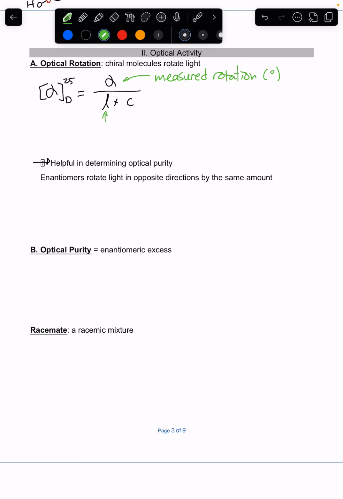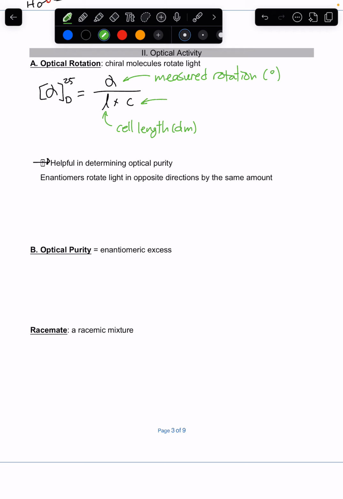And so for that reason, we need to standardize it, because one person's optical rotation instrument might be different from another's, and you need to account for that. So this is going to be your cell length, and it's measured usually in decimeters for whatever reason. Don't ask me why. And this is the concentration.